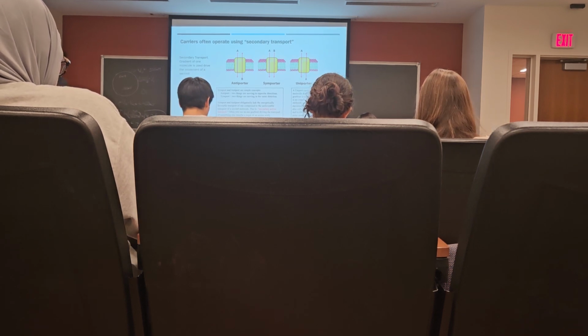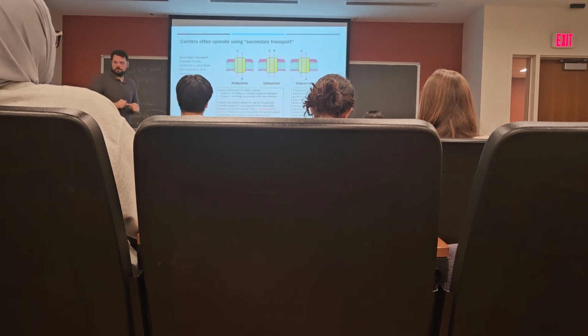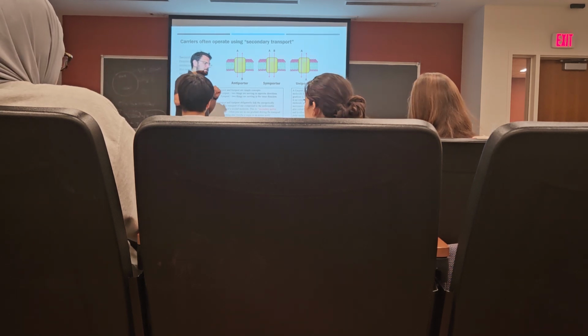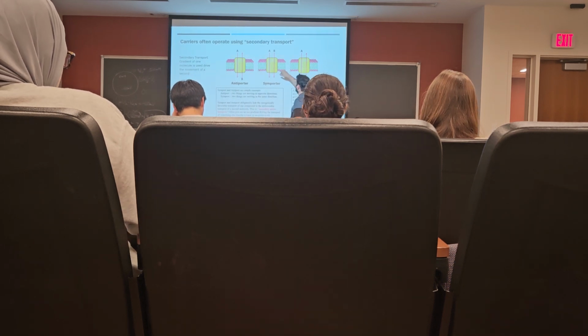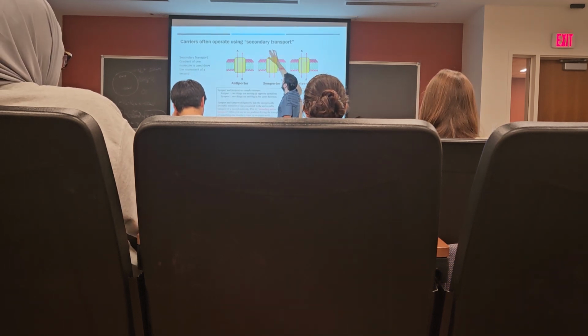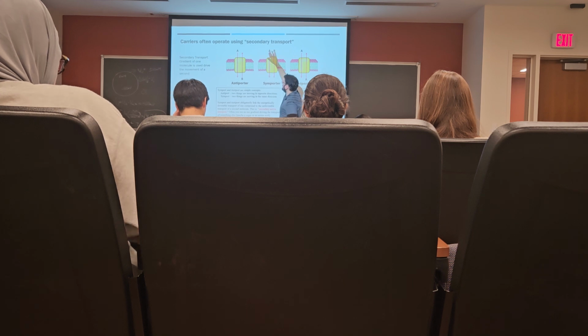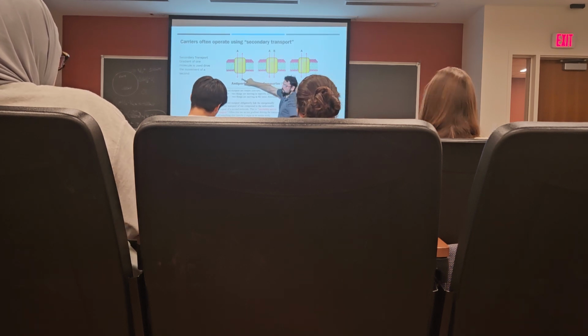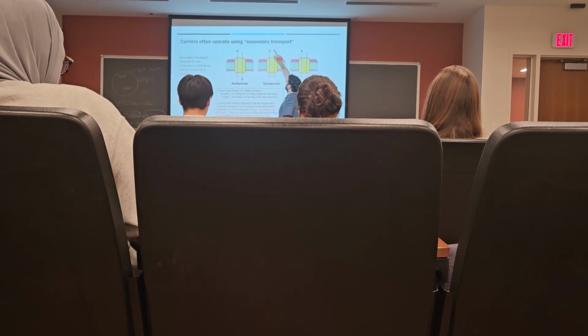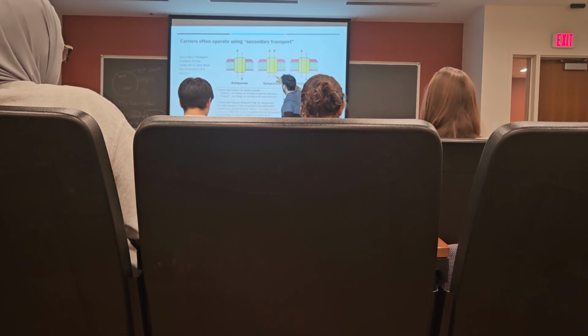in order to move B against its concentration gradient. Now a symporter is doing exactly the same thing. The only difference is the physical direction in which the two molecules are moving. So we have, in this case, A moving from high to low, so again, releasing energy. But in this case, B has an opposite concentration gradient than what it had here. It's low on the outside and high on the inside.